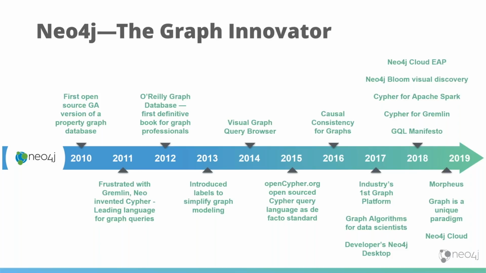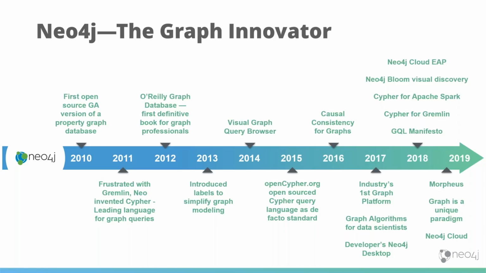Some really interesting things we've done I want to highlight are things like the openCypher initiative. In 2015, we introduced the world to an open source Cypher query language as the preeminent de facto standard core query language for graph manipulation.